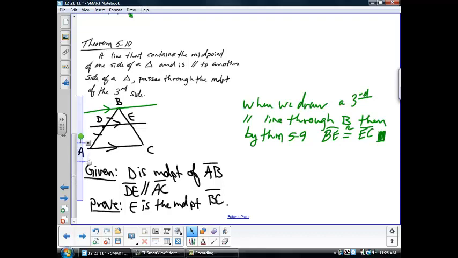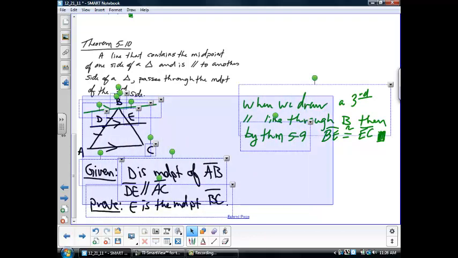So now we're on Theorem 5.11, which uses this theorem as well as Theorem 5.9.